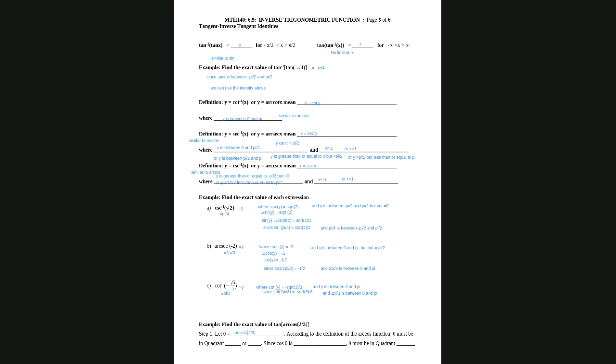So that means theta is either in quadrant 1 or in quadrant 2. And since the cosine of theta is positive, theta has to be in quadrant number 1. Make sense so far? Okay, I'm going to stop the recording for just a minute.